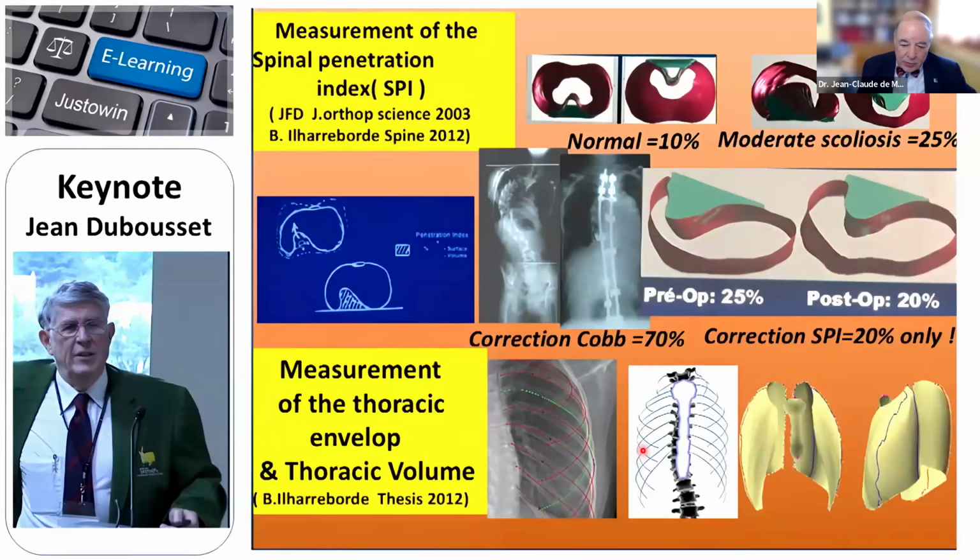You remember with the Schroth, at the beginning of the original Schroth, the curves were very important, and many patients have important penetration index. So the breathing oriented towards the concavity was very important at this time.